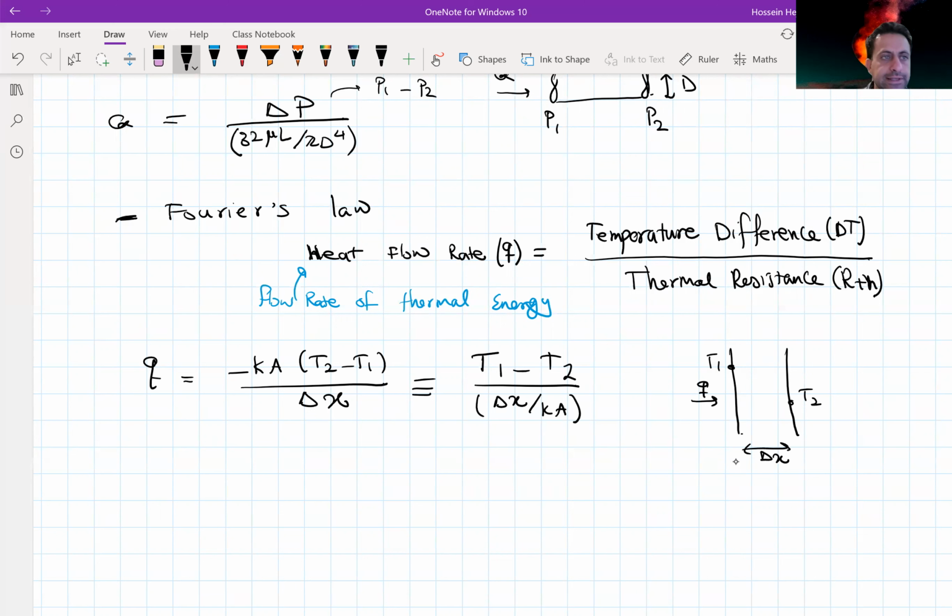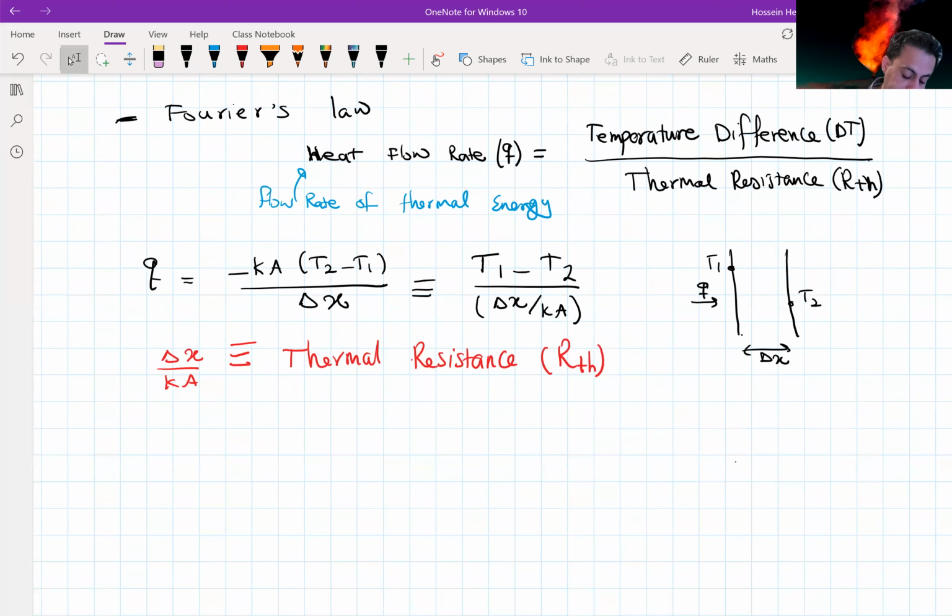So you would see that this delta X divided by KA is the thermal resistance, or what we define as R_TH.